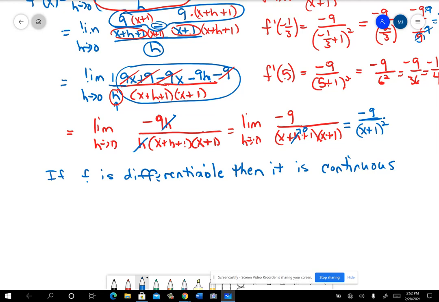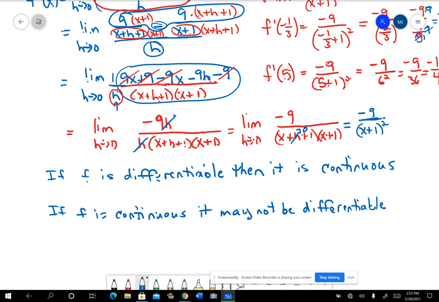You don't know this the other way around. If f is continuous, that's not enough for it to be differentiable everywhere. It may not be differentiable.